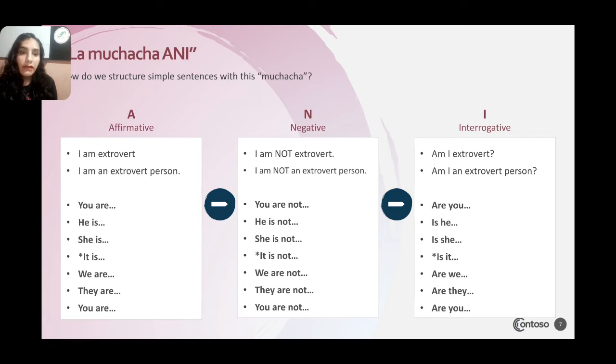In negative, you can contract I am not, you gotta say I'm not. Then you have you aren't, he isn't, she isn't, it isn't, we aren't, they aren't, and you aren't. Those are the contractions. Esas son las contracciones.